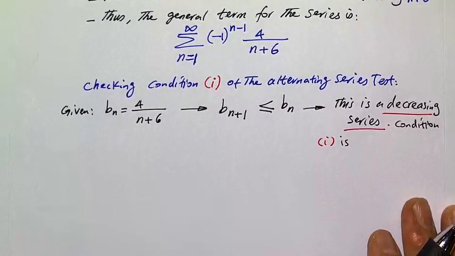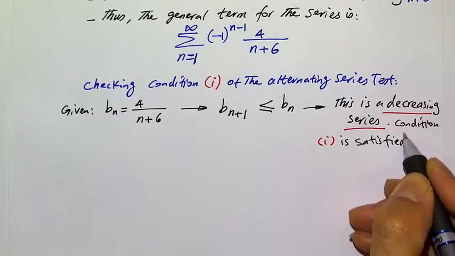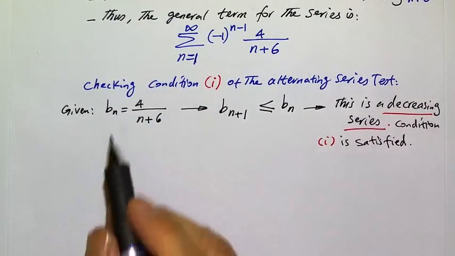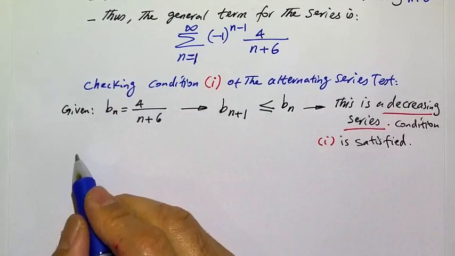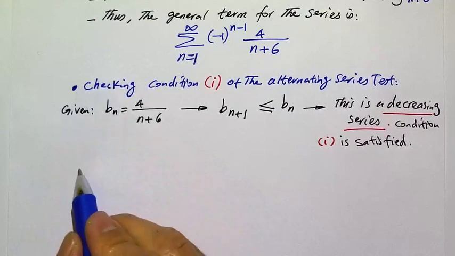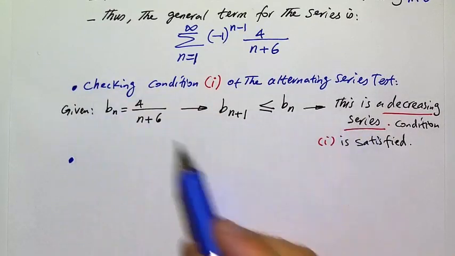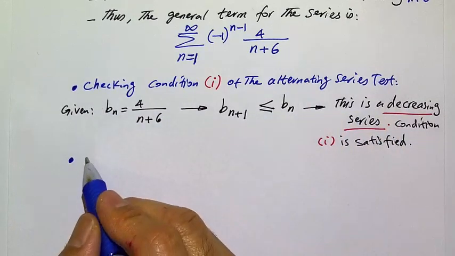Oops, let me move this up. Condition 1 is satisfied. Next, we will have to check condition 2 of the alternating series test. And since this is the first example, I'm writing them out, but next I won't be as detailed as this.